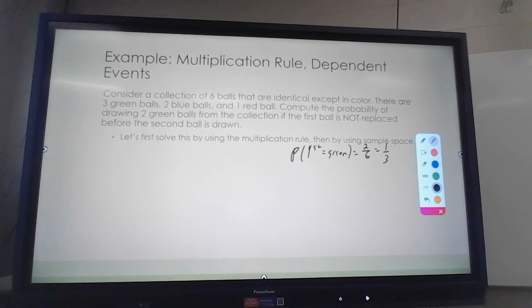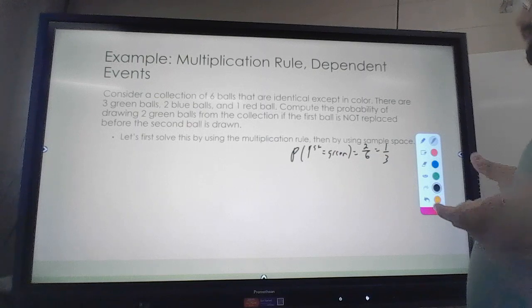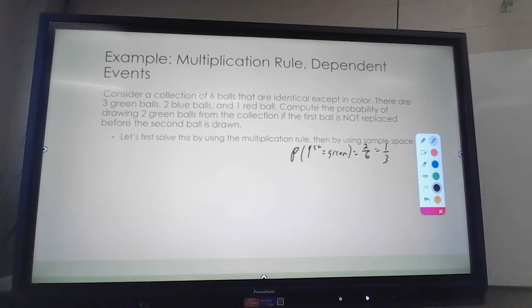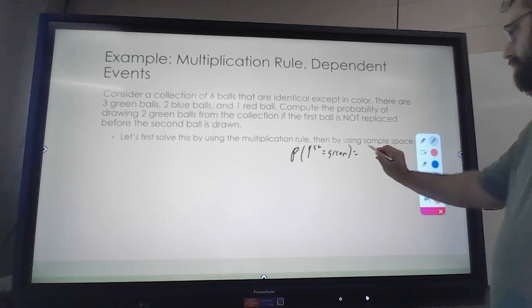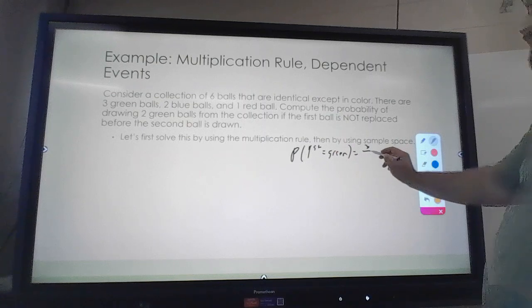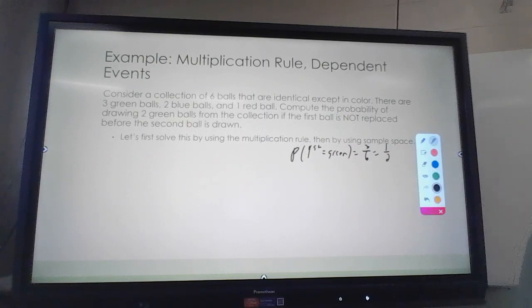Now, if I draw a second one without replacing the first one, and let's say that I do draw the first ball being green, then I have not only one less green ball to draw from, I have one less ball, period, to choose from.